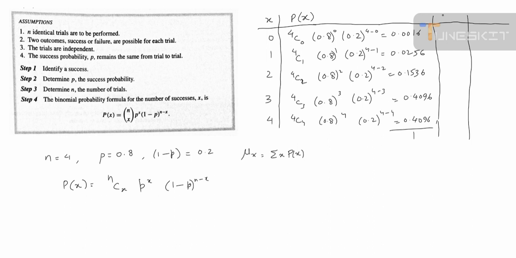How can we work this out? We can multiply each value of x by its associated probability. So 0 times 0.0016 gives you 0. 1 times 0.0256 gives you 0.0256. And 2 times 0.1536 gives you 0.3072.